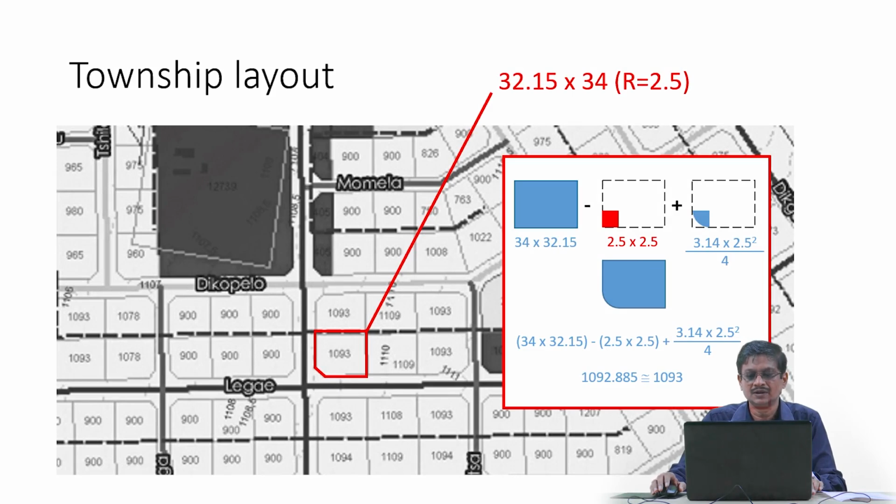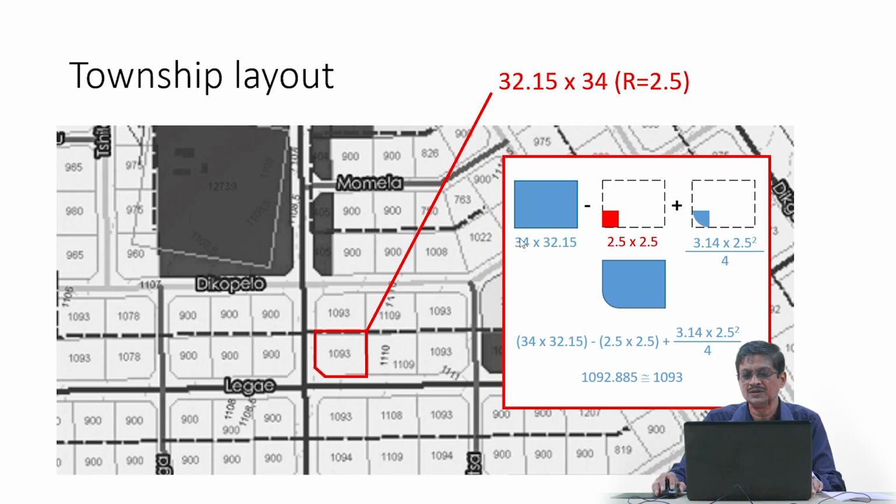Let us try one more example. Now again we are looking at the same layout, but the plot is now changed. This plot is a corner plot, and as you know, a corner plot has one corner with a round shape. So we need to calculate the area of this particular plot. Now we are assuming that it is a rectangular shape with one corner rounded.